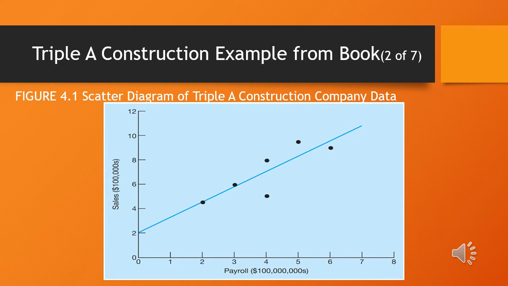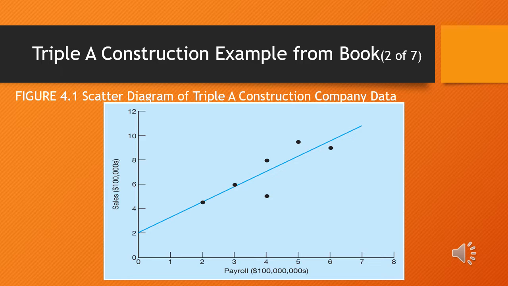We can see that there is a relationship, and the line that you can see has been drawn through the data to help show that the relationship exists between the payroll and the sales. The points do not all lie on the line, so there is some error involved if we try to predict sales based on the payroll using this or any other line.